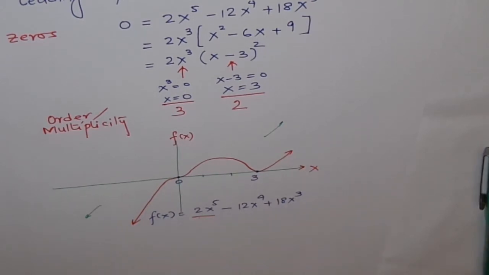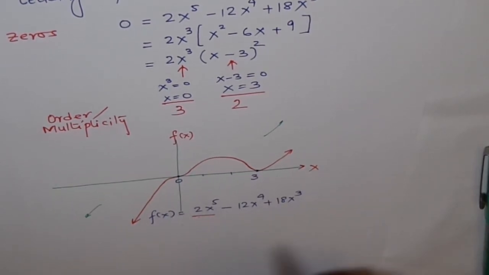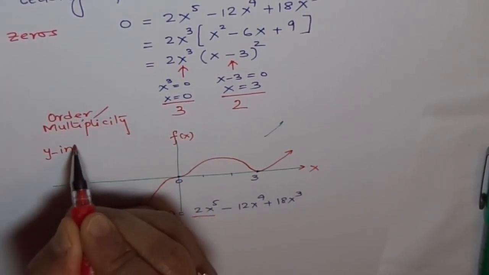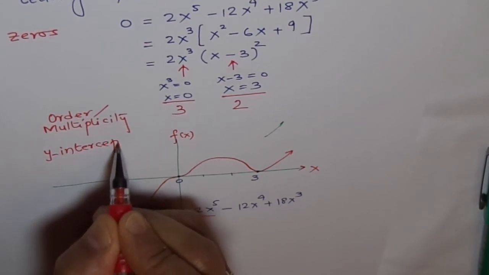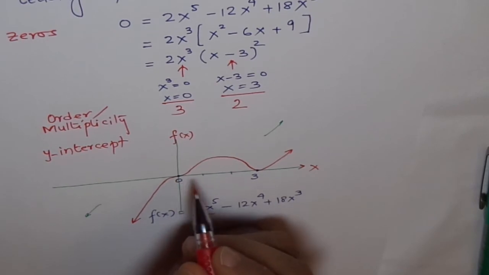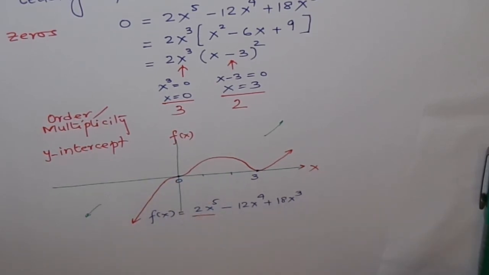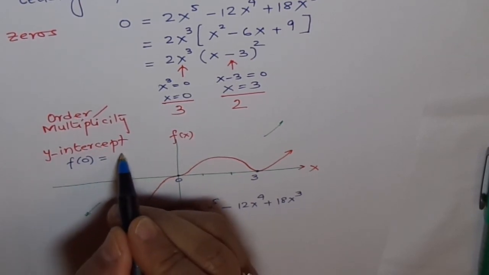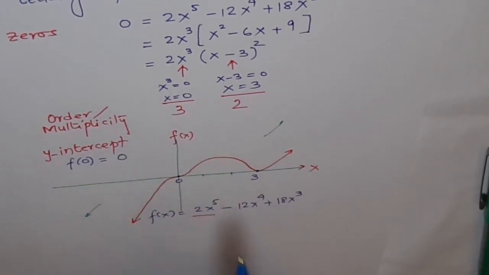In this equation, one more thing we should have checked, and that is our y-intercept. So let me write it here now. Y-intercept, I forgot. Y-intercept is this value for this function. When x equals 0, find y. So that means f(0) is what? In this case, f(0) is 0 because all the terms here have x in them.